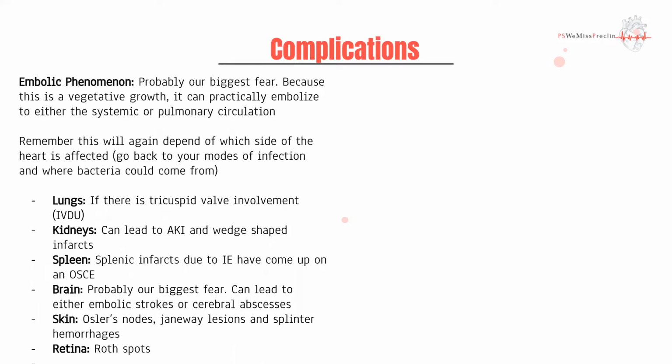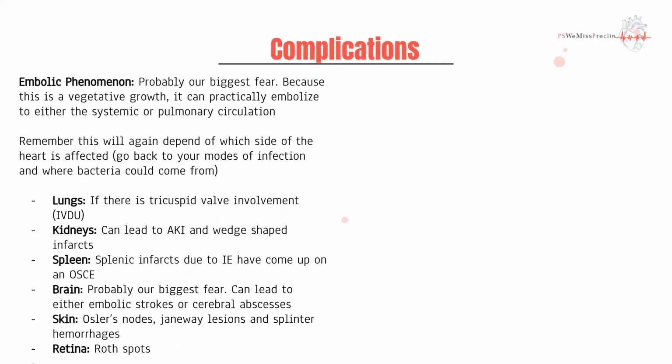So embolic phenomena are probably going to be our biggest fear when we talk about endocarditis. This is because the primary mechanism of the infection is that of a vegetative growth, right? As that grows, not only does the growth itself have a risk of flicking off clots elsewhere, but also with turbulent blood flow, you're going to be at a high risk of generating new thrombi, and that puts you at risk of thromboembolic events.